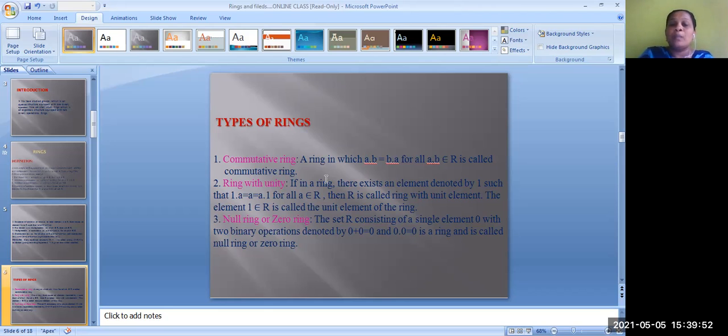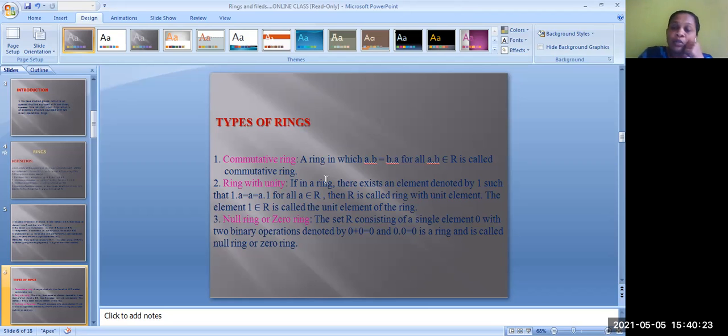Next, the third type: null ring or zero ring. Null is nothing but 0 only. Null is the empty set. So the set R consists of a single element 0 with two binary operations, 0 plus 0 is equal to 0 and 0 into 0 is equal to 0, is a ring and is called a null ring or zero ring.